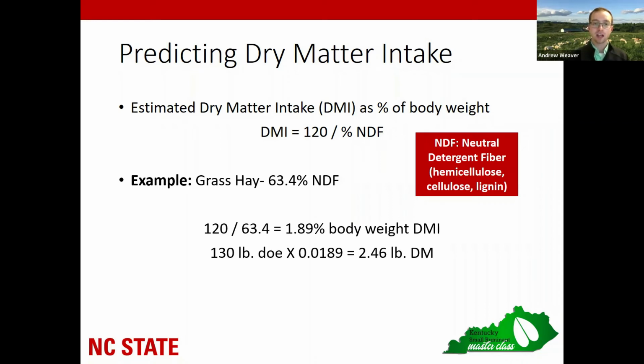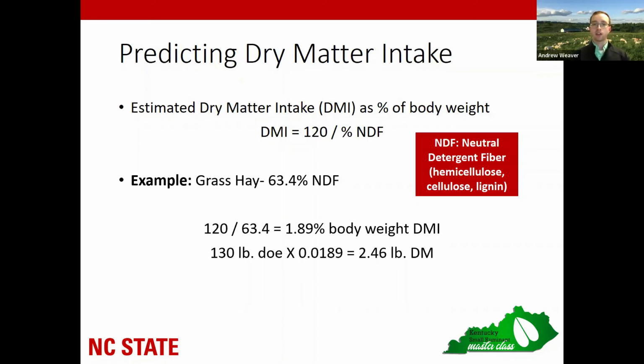Leave it as is and just take 120 divided by that percent NDF, 63.4 in this case. And that's going to give you the percentage of body weight that we would predict in dry matter intake. So in this case, that comes out to 1.89% of body weight in dry matter intake for this grass hay.